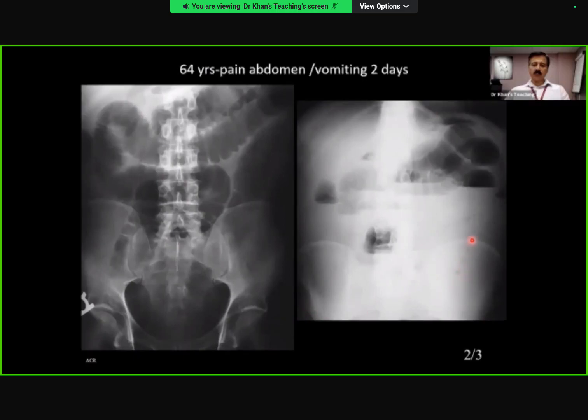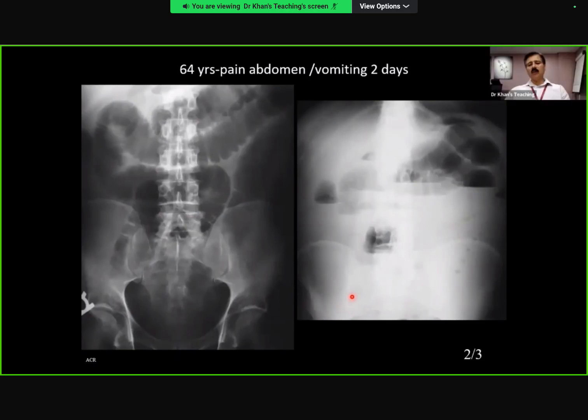And what is this where I am pointing out? Looks like gas within bowel. So there is a sign. I'm waiting to hear that sign. And that sign is considered quite specific for intestinal obstruction. I'm not sure. Okay, fine, no problem.